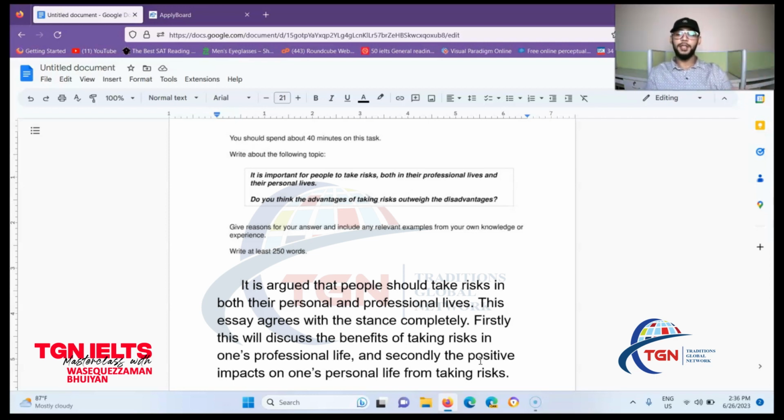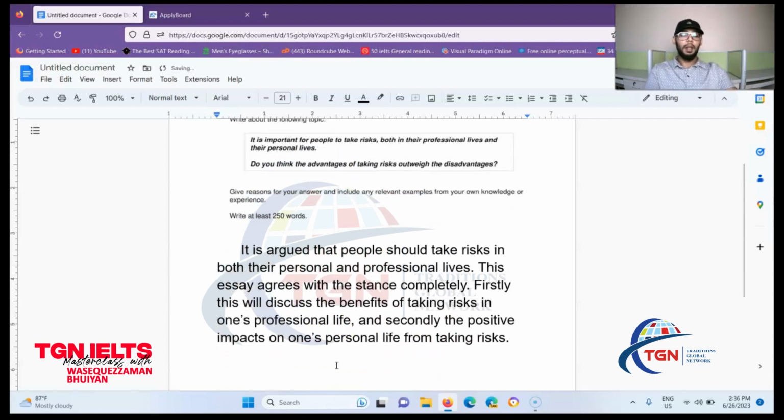So first paragraph যেহেতু লিখে দিয়েছি যে professional life এ কি benefit আছে, let's go ahead and start. Topic sentence, as usual, I need to introduce the topic, what I'm going to talk about in the paragraph. যেটা নিয়ে discussion করব. So there are many benefits to taking risks in one's professional life.